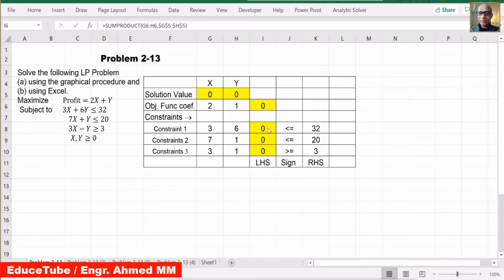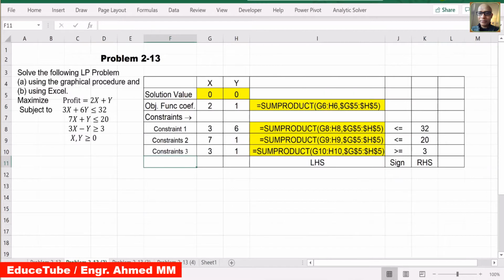For these four cells we have to use a formula. In the next worksheet we can see it: SUMPRODUCT of these two cells, comma, as well as these two cells, but these two cells have to be locked, because this is absolute and will be used for all these rows.